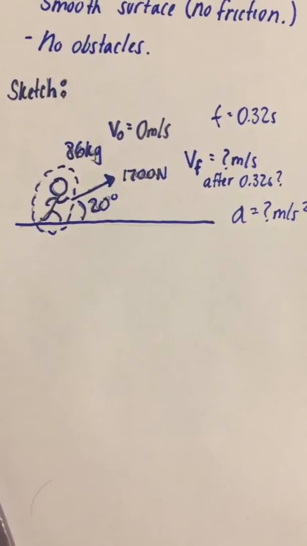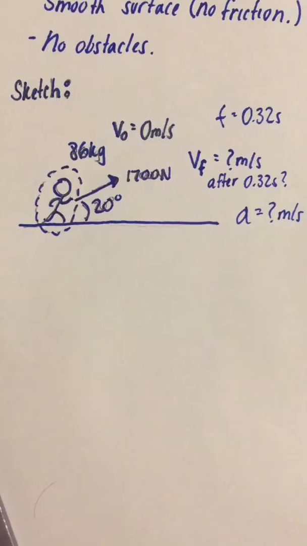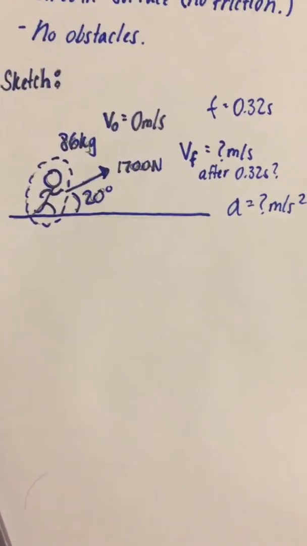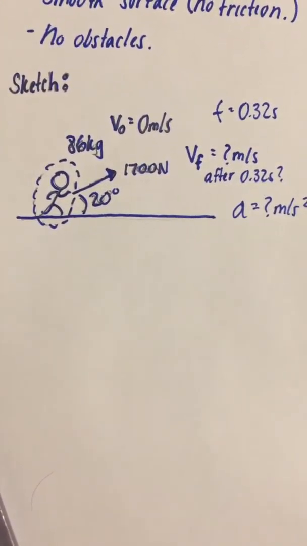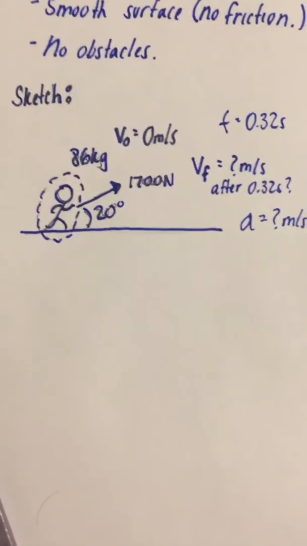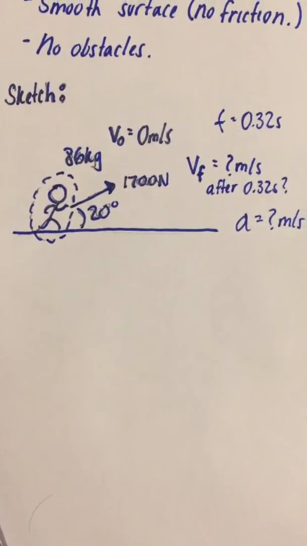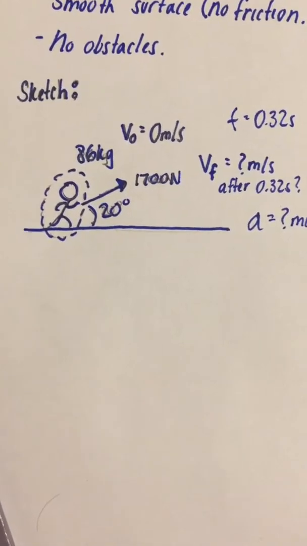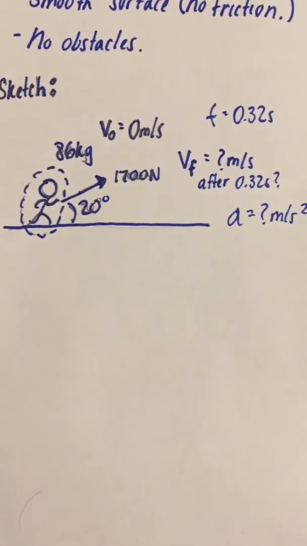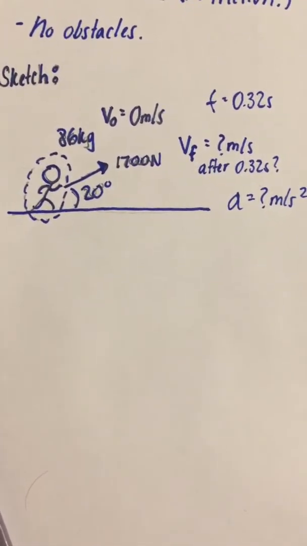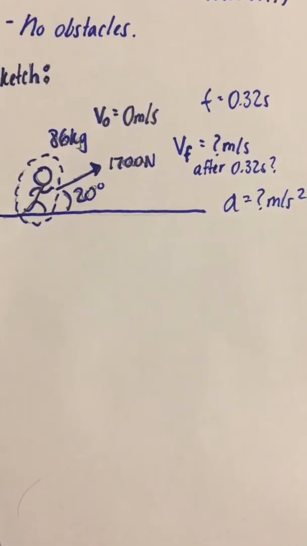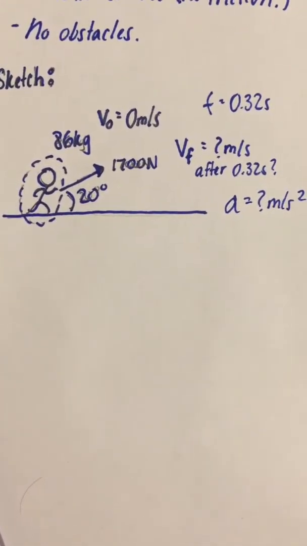This is the sketch for the situation. We know that Usain Bolt's initial velocity was 0 meters per second. He exerts 1,700 newtons of force at a 20-degree angle. So, we need to find the horizontal component of his force.